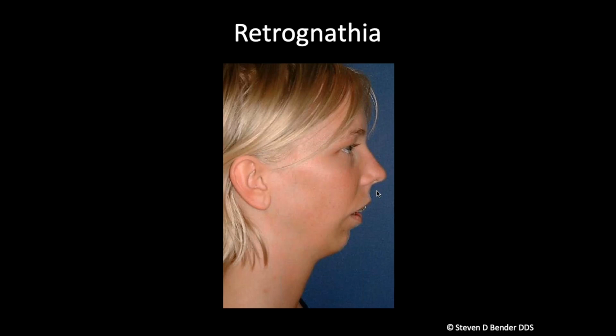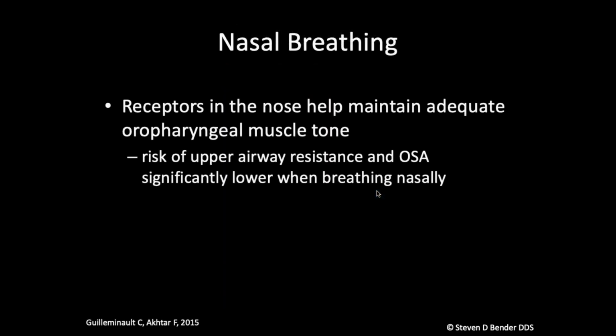And you can imagine if you're orally breathing as opposed to nasal breathing, you're not going to then develop the nasopharynx as well. If you're orally breathing, the tongue is going to lie on the floor of the mouth as opposed to positioning on the palate, which enhances the development of those structures.